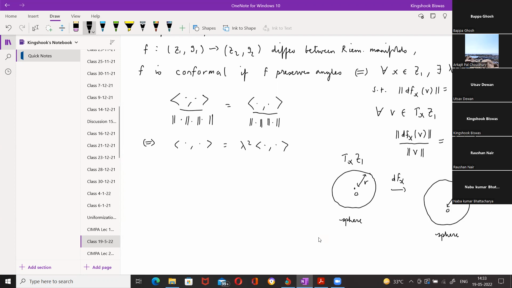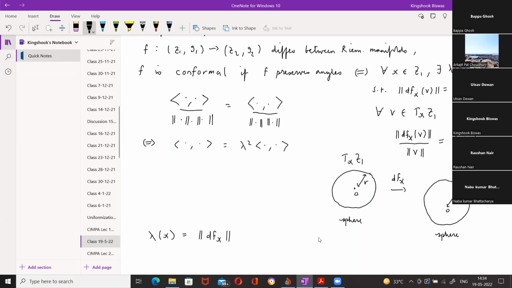Now, what is this limit? So lambda x is therefore equal to the norm of df_x, because it's the sup over all v of norm 1 of this quantity, and this quantity is constant.